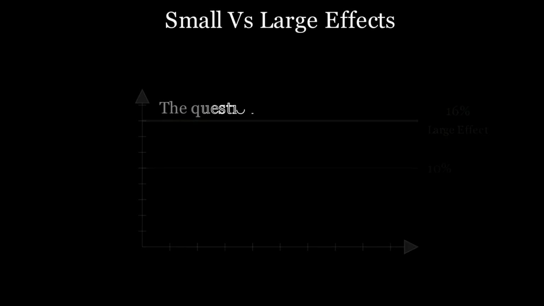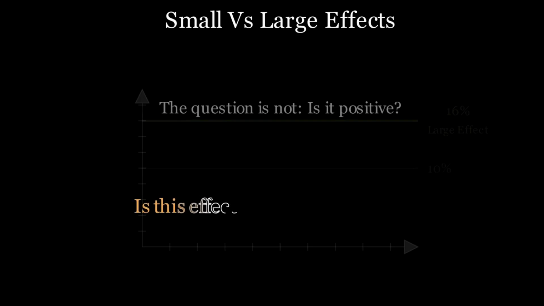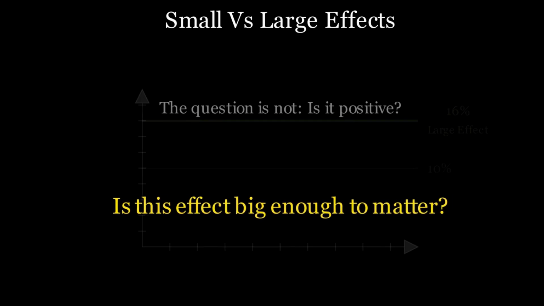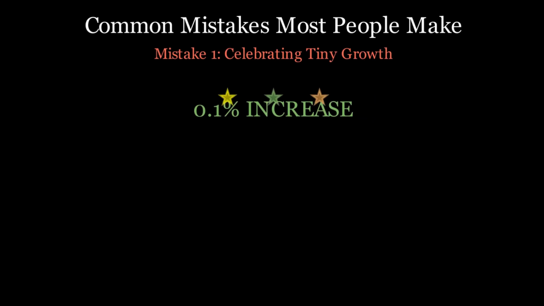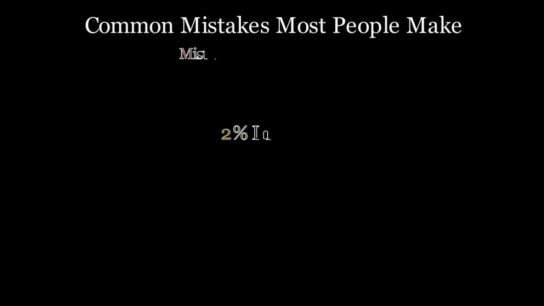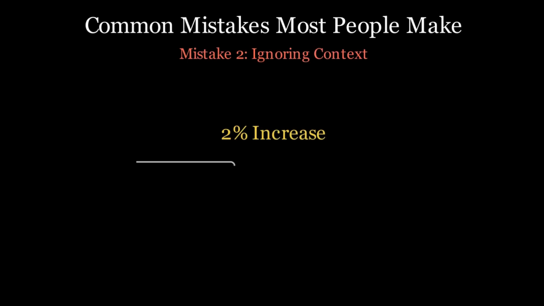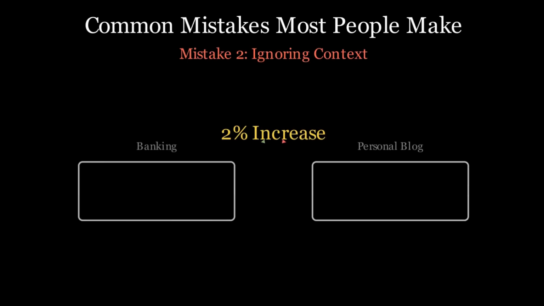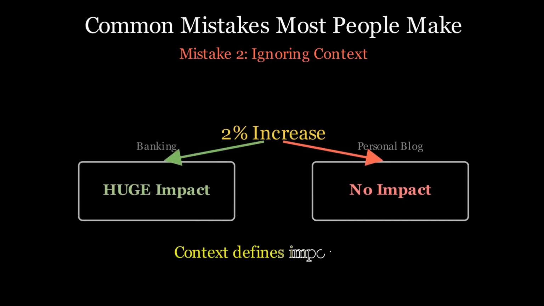So, the real question is never is it positive. The real question is, is this effect big enough to matter? Let's quickly fix a few common mistakes most people make. Mistake 1: celebrating tiny improvements. People see an increase and get excited, even if it is meaningless. Mistake 2: ignoring context. A 2% increase might be huge in some industries and useless in others.